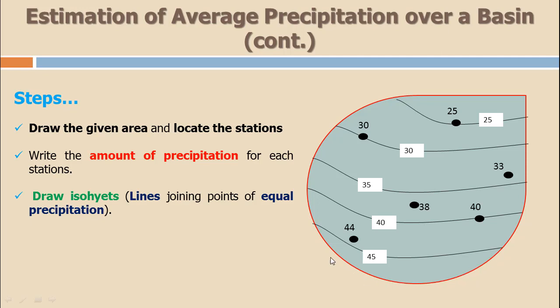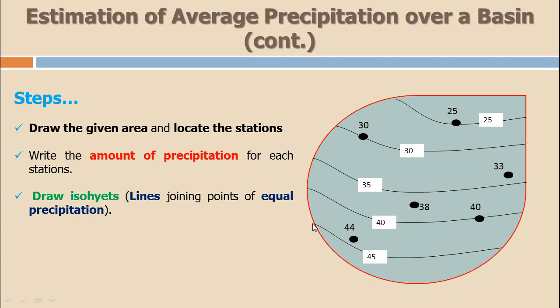For the value of this boundary and this boundary, normally we will use the same amount as the first isohyet. The value of the first isohyet is 25. We will also assume 25 millimeter of rainfall for this boundary. Similarly, the value of the last isohyet is 45 millimeter, so we can assume the value of 45 for this boundary line.